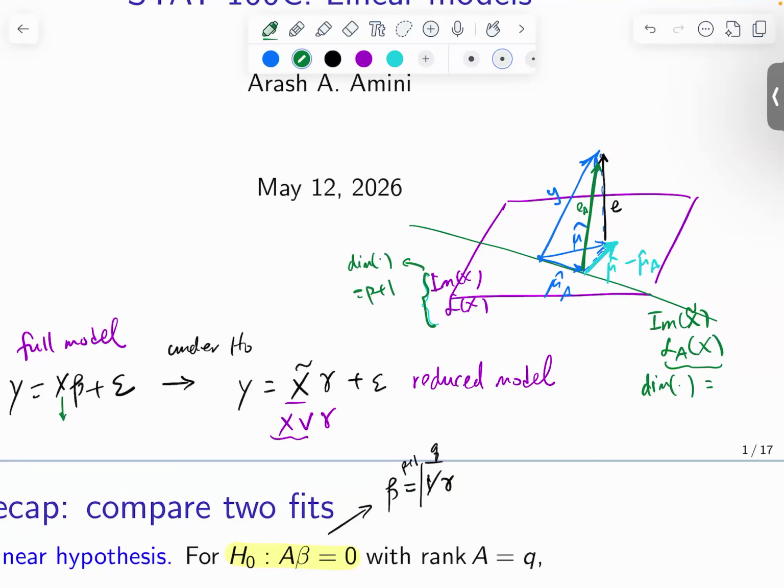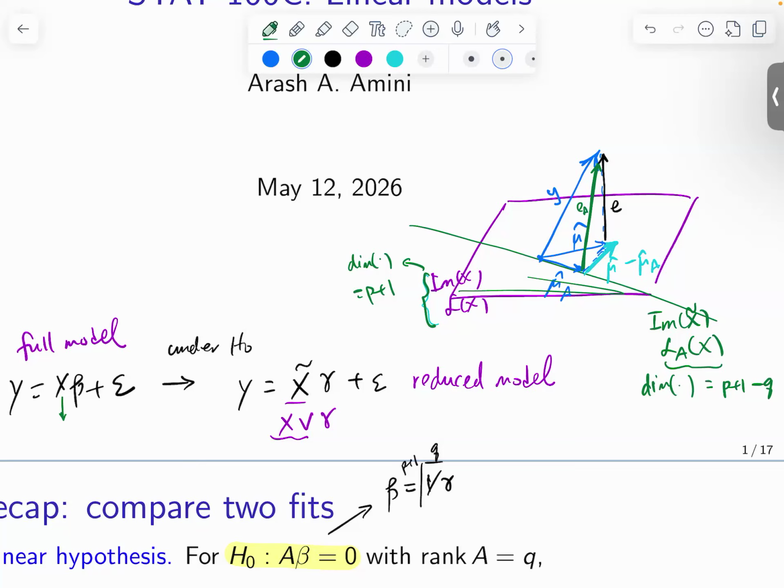Any guesses? So you're imposing Q constraints on the bigger space. So this space is P plus 1 dimensional. You impose Q constraints. Yes. So it would be P plus 1 minus Q. So you lose Q degrees of freedom. The dimension of this space is that.